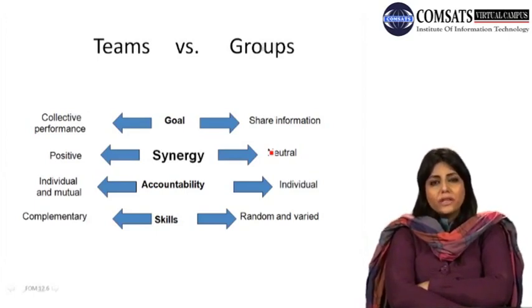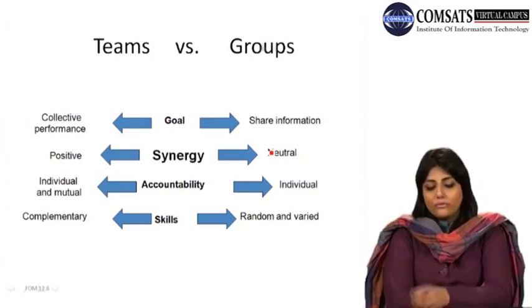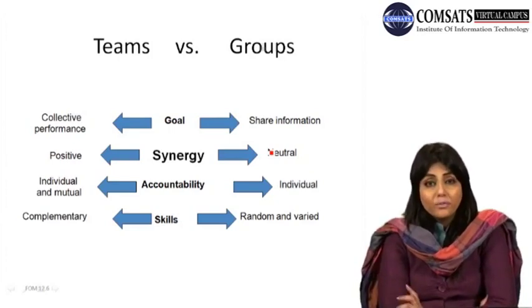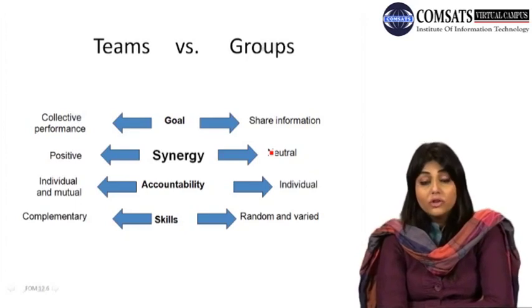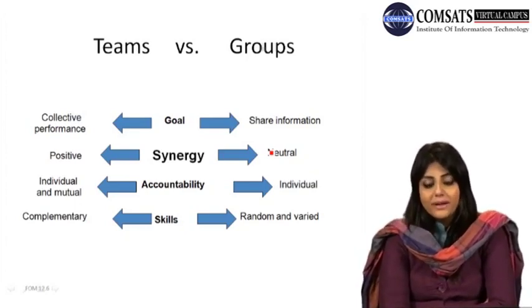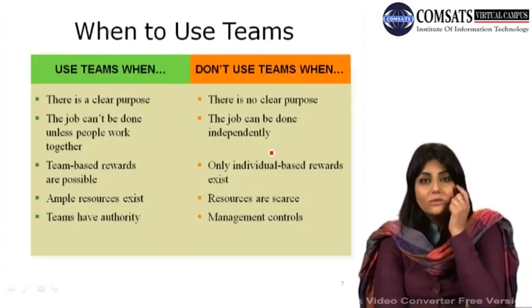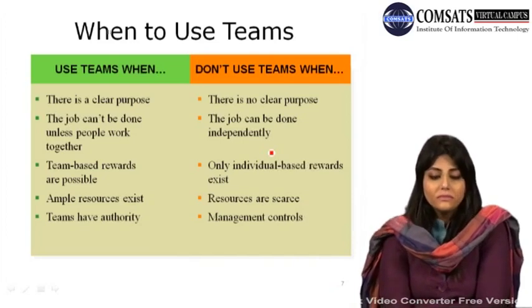Their areas, objectives and skills might be different. So under groups, the skills of the members are more varied and random, but under teams they are complementary because of the nature of the work and the work design. The task is interdependent, therefore the skills also need to complement each other to complete that task.